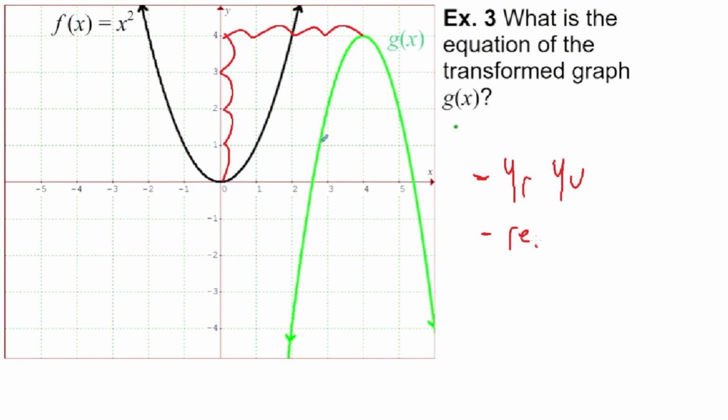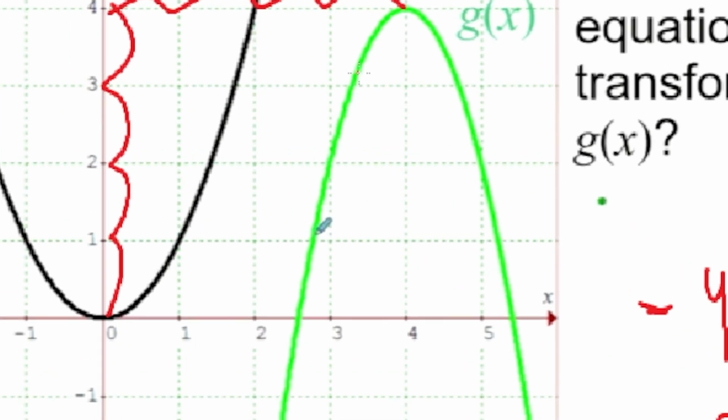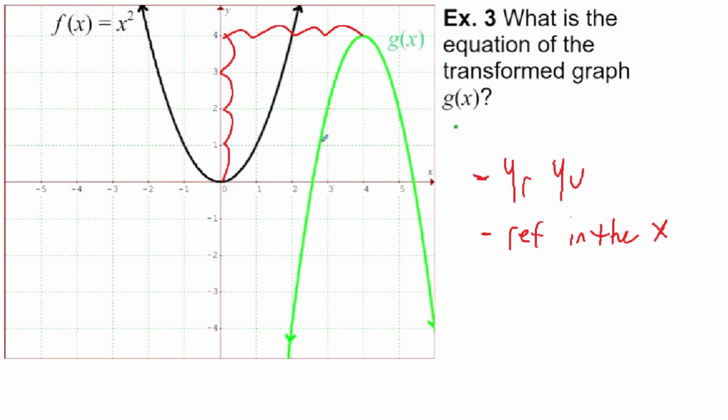Sorry, I'm kind of a slow speller, and the handwriting looks horrible. And then let's just see what happened. So our first point is no longer here, but it's here. So there's a vertical stretch of 2. Let's verify that. 1, 2, 3, 4, 5, 6, 7, 8. Okay, so VS by 2.